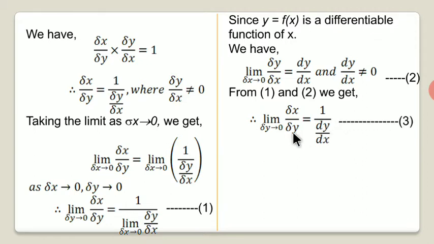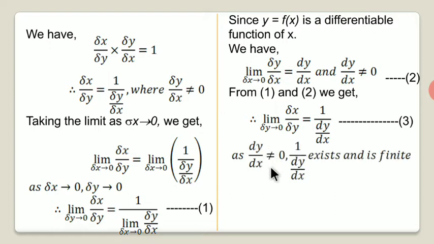Now here we observe that the limit on the RHS exists. And since both the terms are equal, and the limit on the RHS exists, obviously the limit on the LHS also exists. And as delta y upon delta x is non-zero, 1 upon dy by dx also exists, and it is finite.